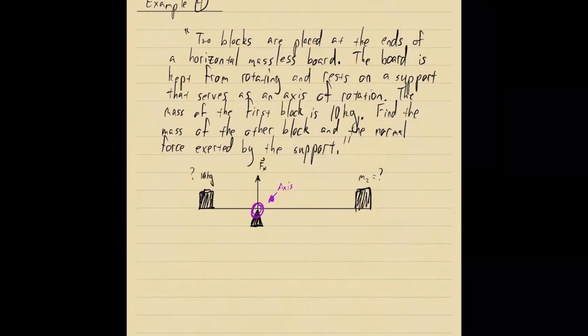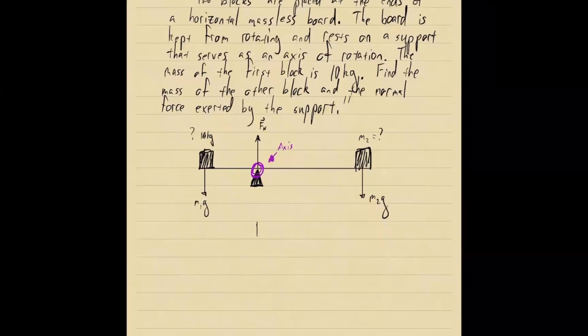So for each of these boxes, we've got the weight, right? This is just M1G pulling down, and then one over here is just M2G. And so the problem gives us some last additional details: the distance between the first block and our axis is going to be 1 meter.